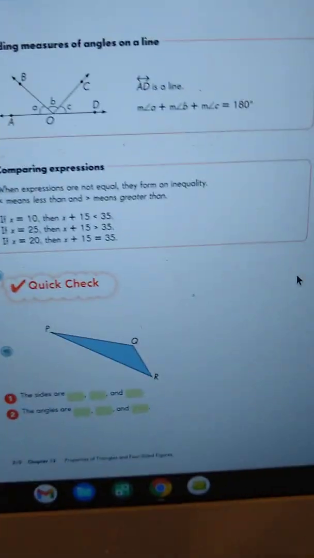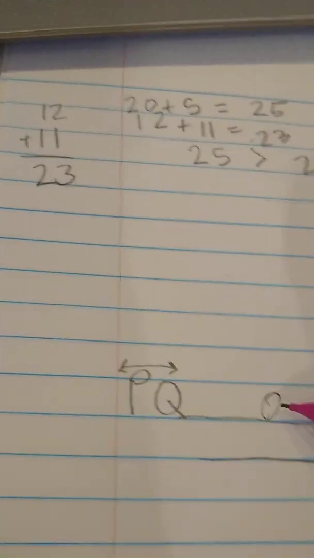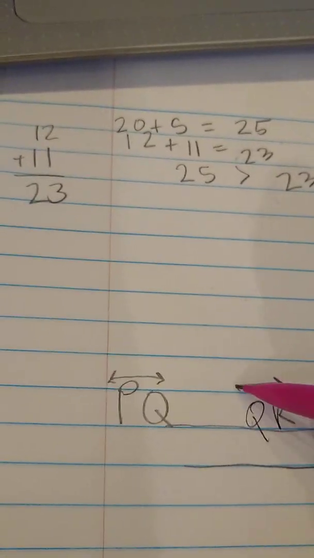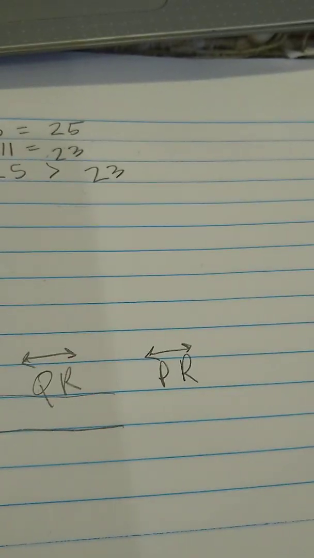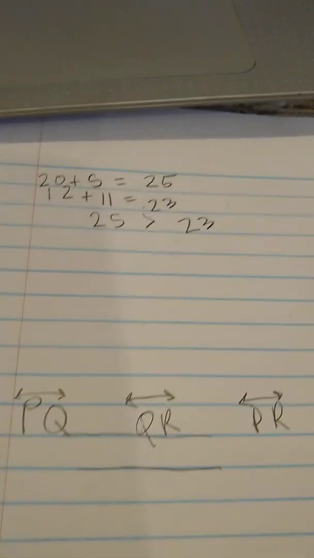And then the next side would be QR, like this. Trying to make sure I'm writing QR with the little line over the top of it. And then the last one would be PR. So we would write it PR, like that. Okay? So those are the three sides.